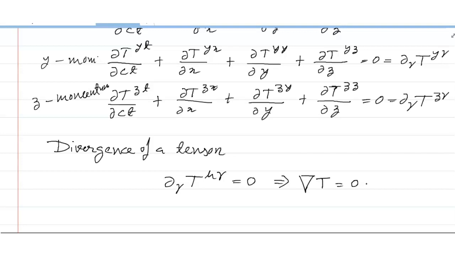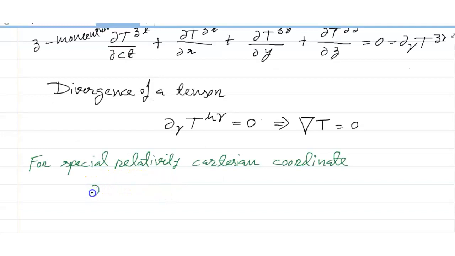For now, assume special relativity with Cartesian coordinates: del T mu nu divided by del x nu equals 0.